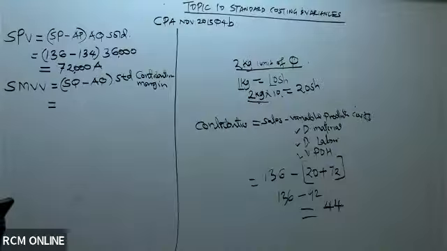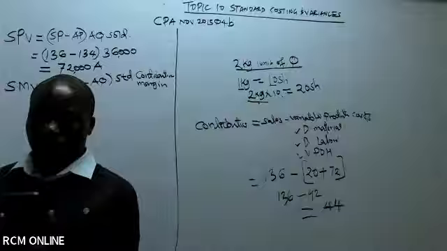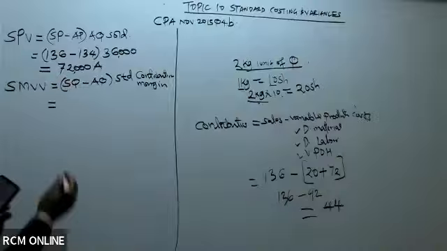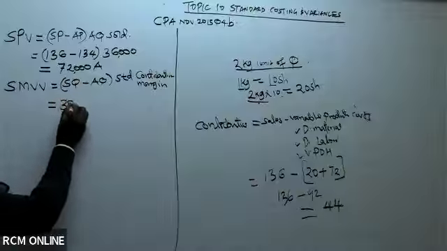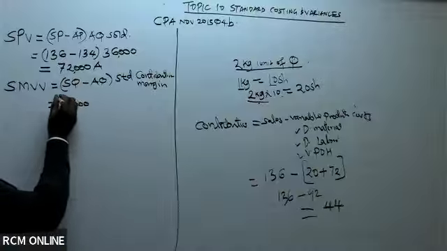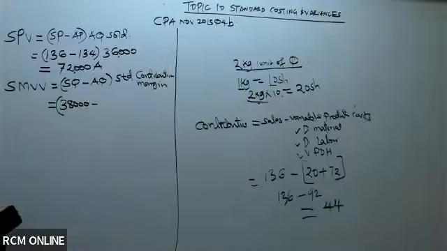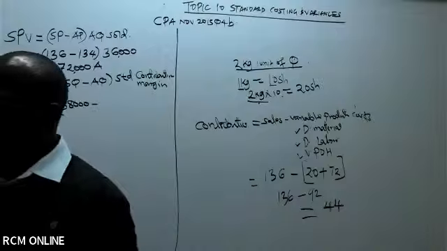Yes, the intended, the budgeted sales. So information number one, budgeted sales for the month of October was equivalent to 38,000. Good. How many units were actually sold? How many units did they actually sell?